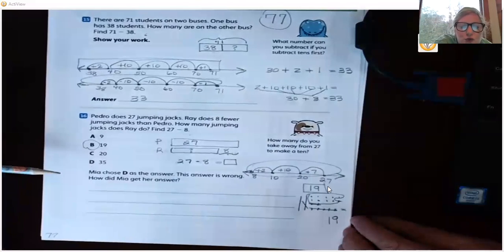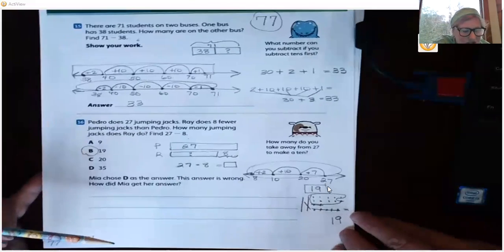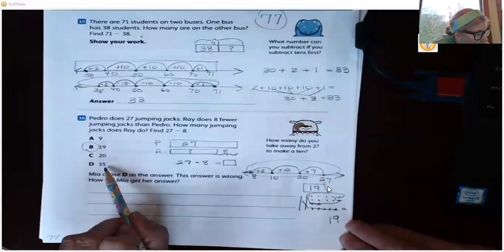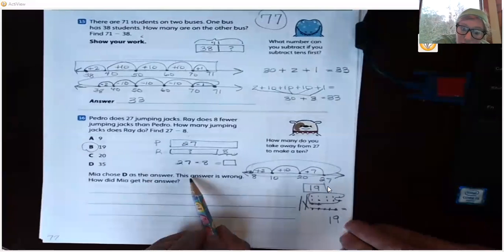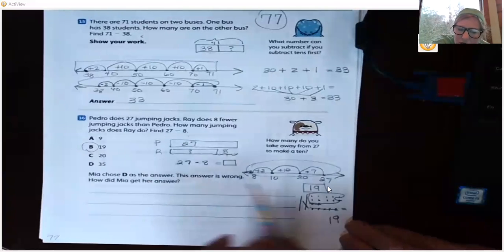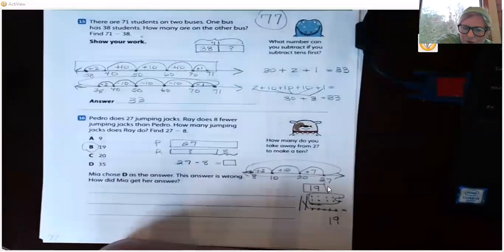Now Mia chose D as the answer. D is 35. This answer is wrong. How did Mia get her answer? So I want you to pause the video for a second and think about how did Mia get her answer? Look at those numbers. 35.